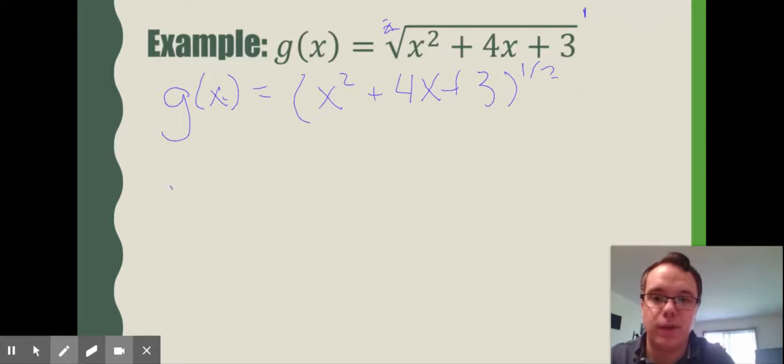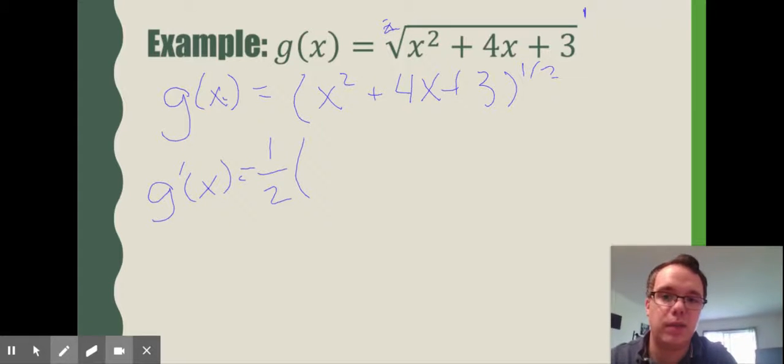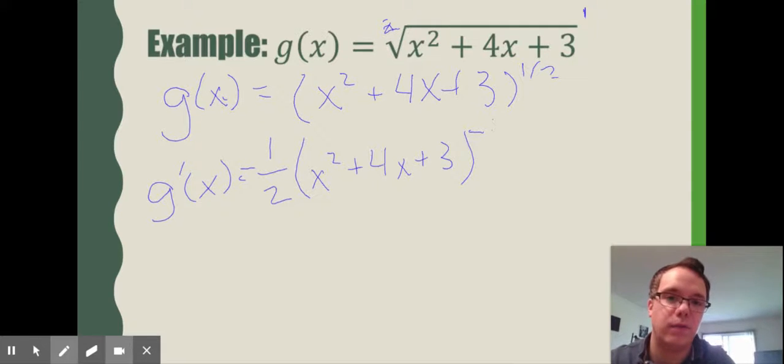So to find the derivative, I can bring my 1/2 down out front, leave what's in the parentheses exactly the same, so x squared plus 4x plus 3. And if I subtract 1 from 1/2, I get negative 1/2.